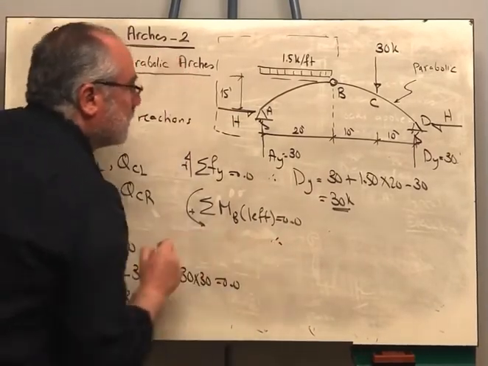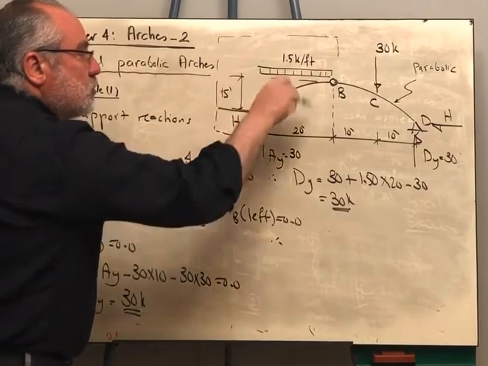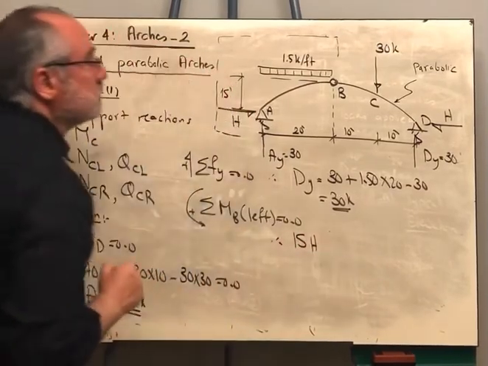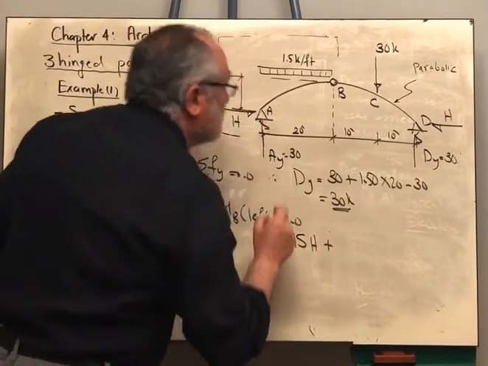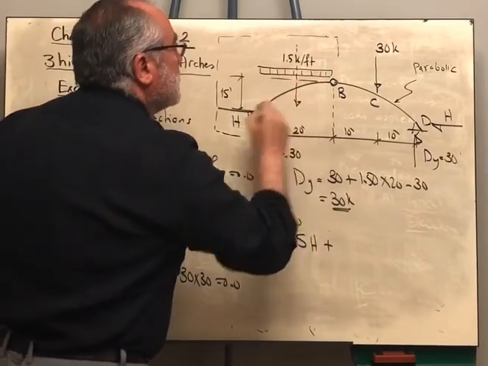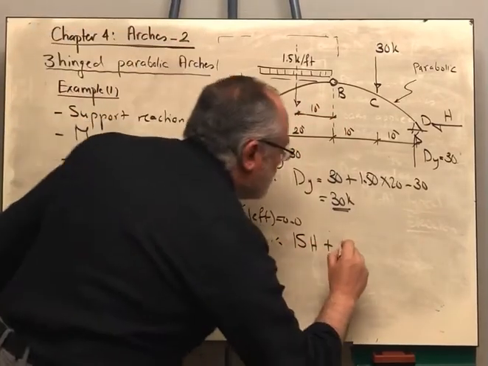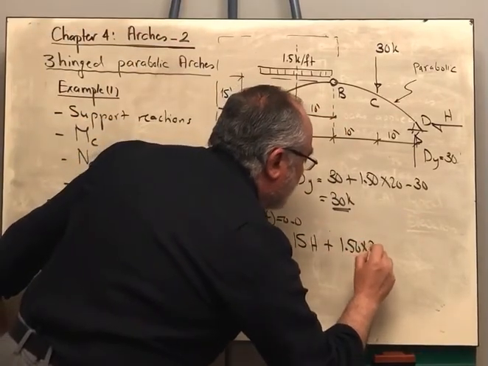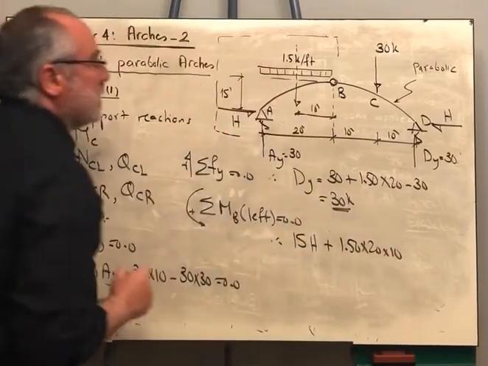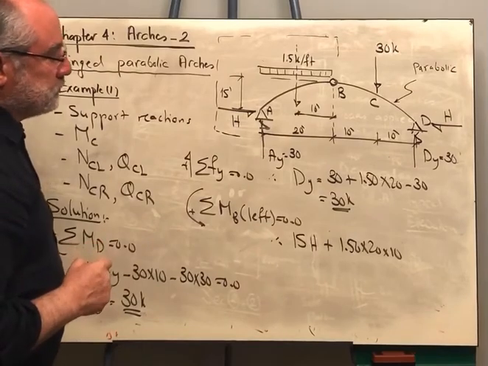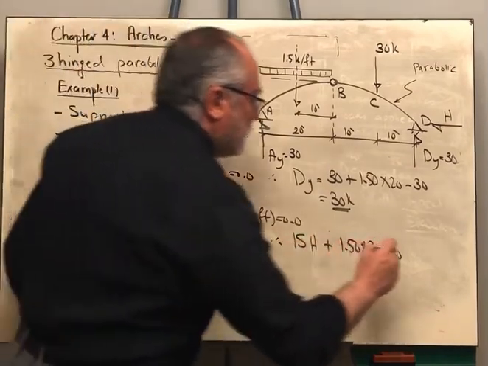Therefore, the horizontal reaction is rotating positive, so it is 15H plus the resultant of the distributed load, which is 30, and it is at a distance of 10 foot. So it is plus 1.5 times 20 multiplied by 10 minus the vertical reaction multiplied by 20.